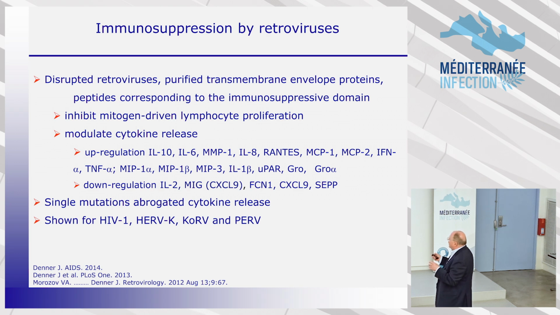For example, IL-10 and IL-6 are upregulated. And we have shown that single mutations in this immunosuppressive domain abrogate this immunosuppressive activity, and this was shown for HIV-1, for HERV-K, for the koala retrovirus, and for the porcine endogenous retrovirus, and I think this is true for all retroviruses.